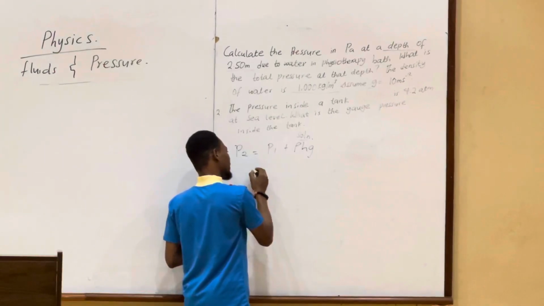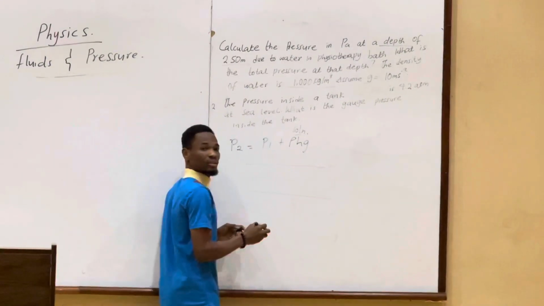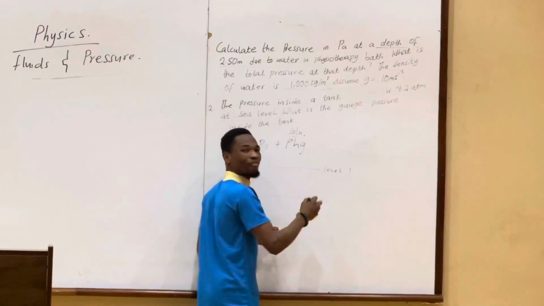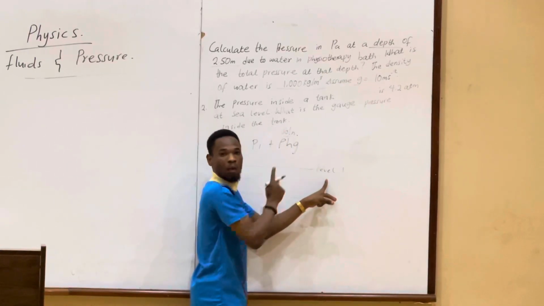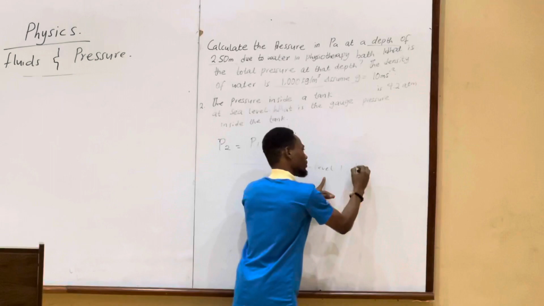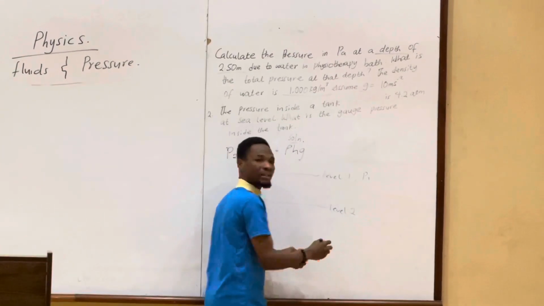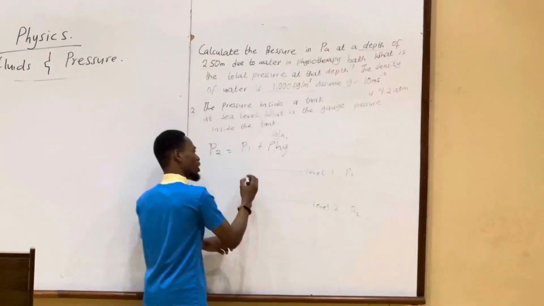Now, let's say this is level 1, and for that matter, the pressure at level 1 is pressure 1 or P1. And this is level 2, and for that matter, the pressure over there is P2.